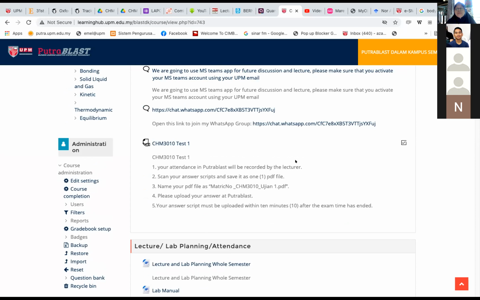During our first test, there are a few who actually have a very poor PDF file. And remember that you have to name the PDF file according to the suggested instruction. Some just put it test 1. So you have to follow the instruction.